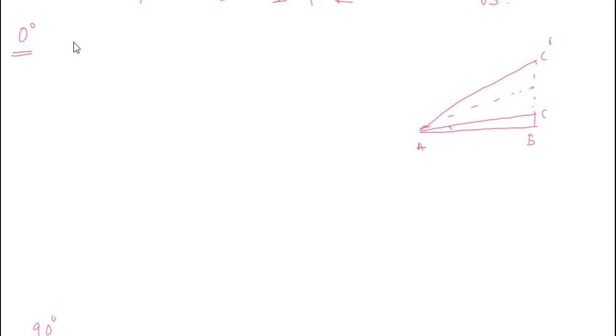So when angle A equal to 0, AC will coincide with AB, that is therefore AC will be equal to AB, and when angle becomes 0, C coincides with B, then value of BC will become 0 because C coincides with B, BC is 0. So now AC equal to AB and BC equal to 0 when angle A equal to 0.